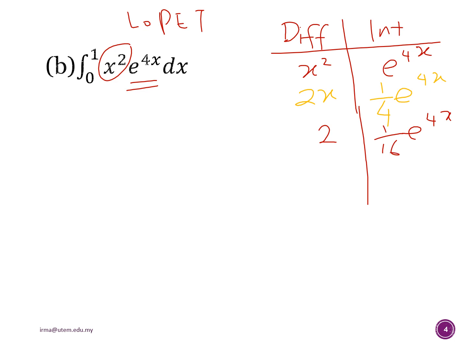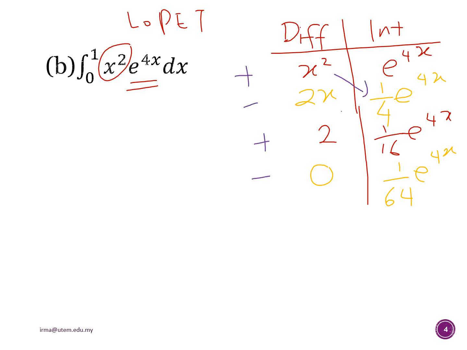Then we repeat: differentiate 2, you get 0, and you get the same exponential, but we have 1 over 64, which is 16 times 4. So this is the answer for differentiating and integrating.